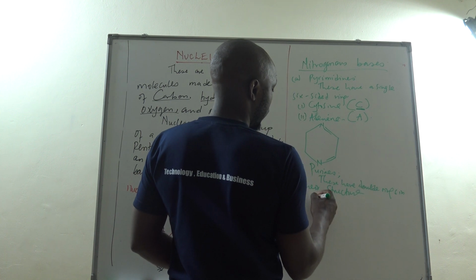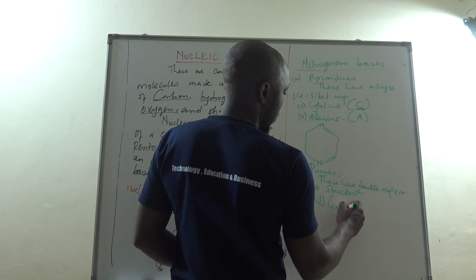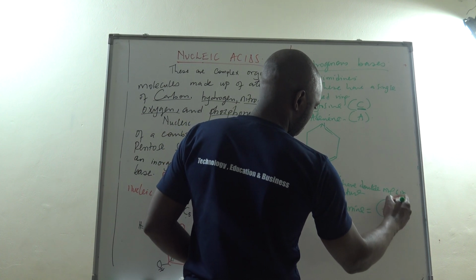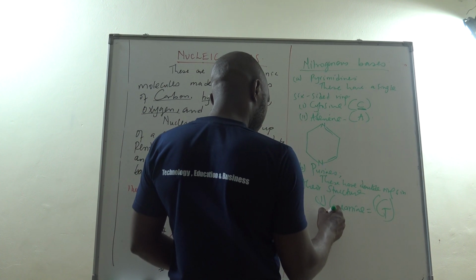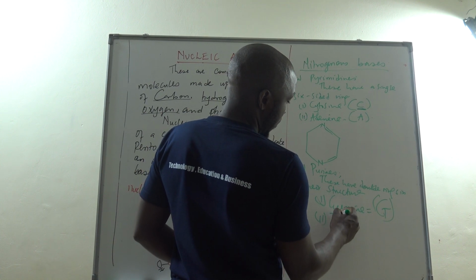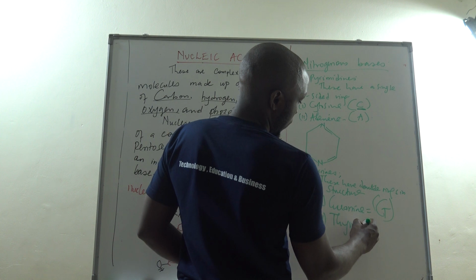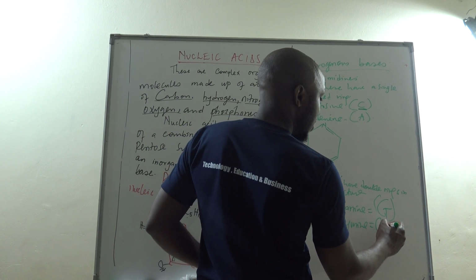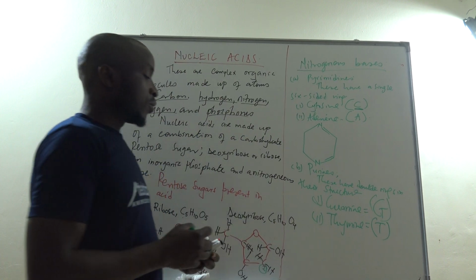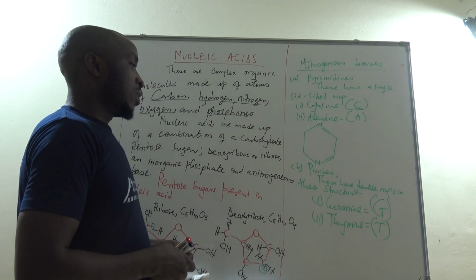The first one is guanine, which is going to be represented as capital G, and the second one is thiamine, which is going to be represented as capital T in our subsequent discussions.